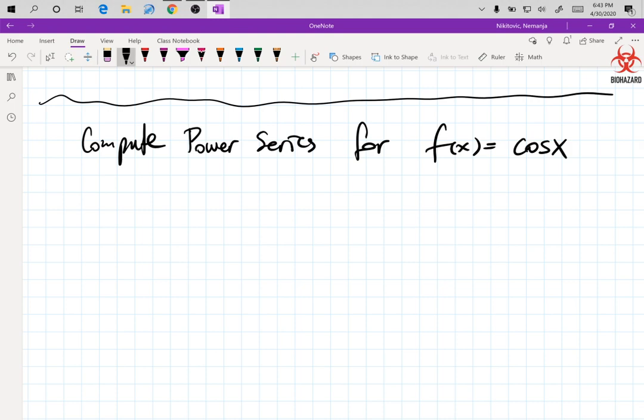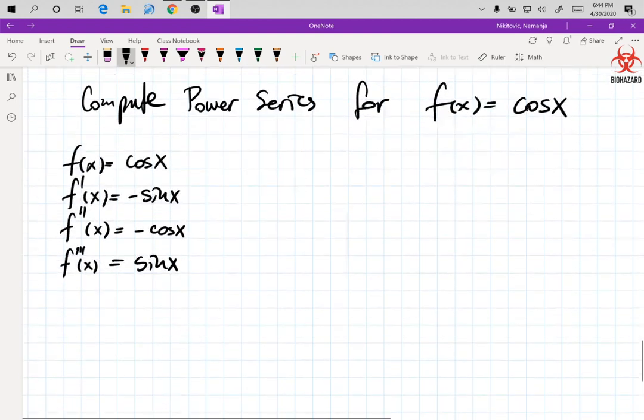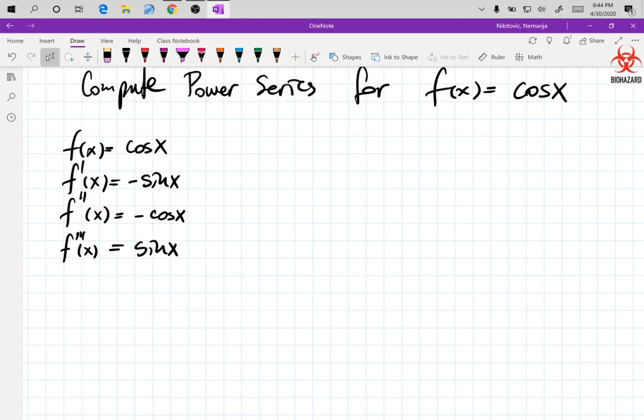Anyway, so my function f of x is cosine x. My f prime of x is negative sine x. My f double prime of x is negative cosine x. My f triple prime of x is going to be sine x, because the derivative of cosine is negative sine, and then the negative and negative cancel.